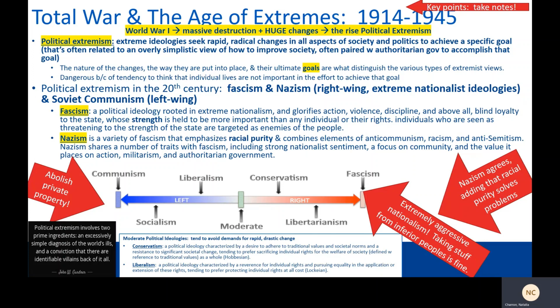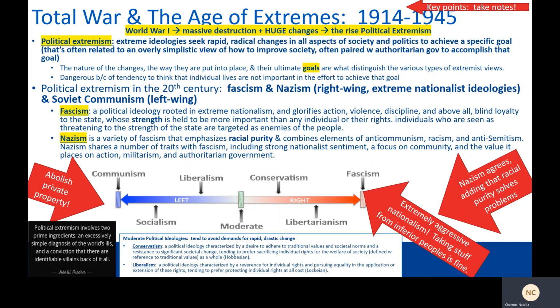And they're dangerous because the goal becomes so important that often it takes primacy over people's lives. And people tend to come to think that sacrificing a few lives isn't such a big price to pay if we can achieve this fantastic utopian goal.